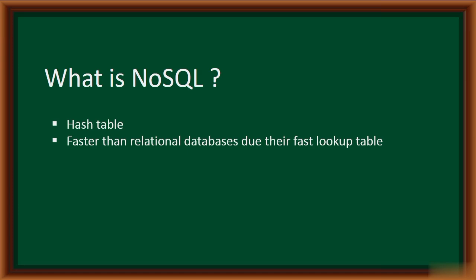They don't have a fixed schema. The schema can be dynamic, unlike a traditional database where you have to define the schema before you use it. With a NoSQL database, the schema is dynamic and can be defined at execution.